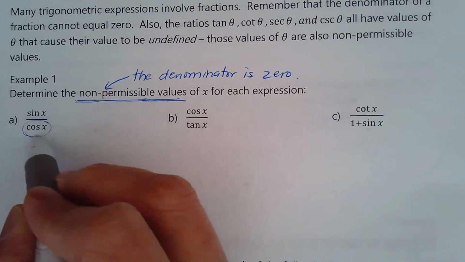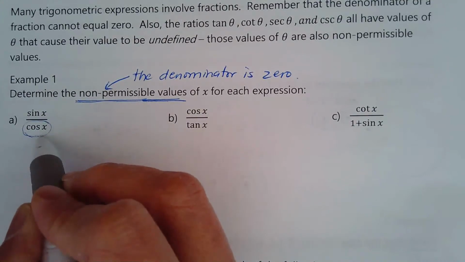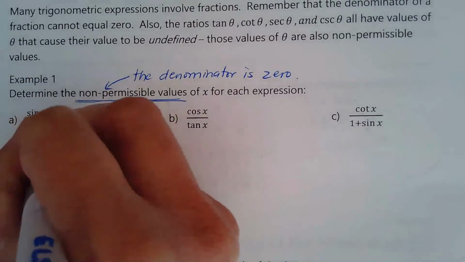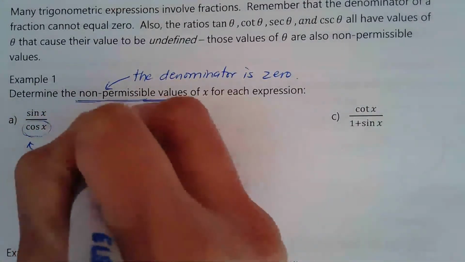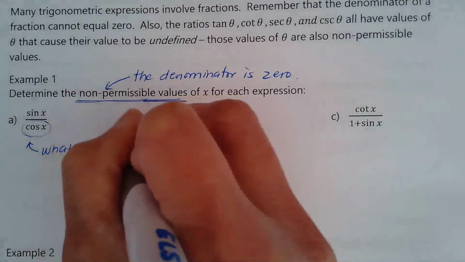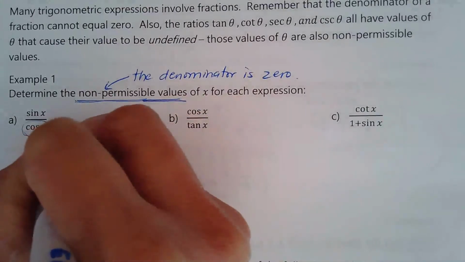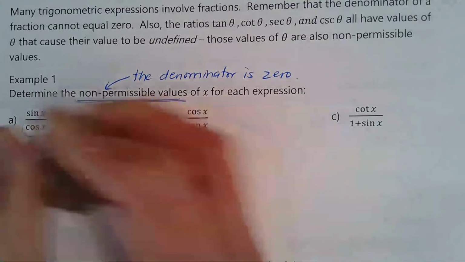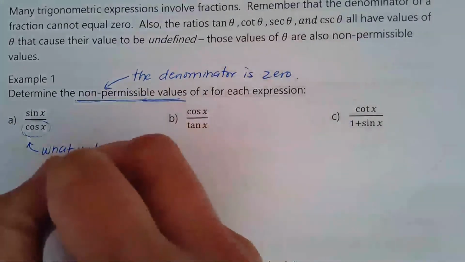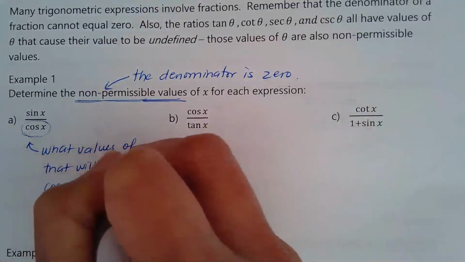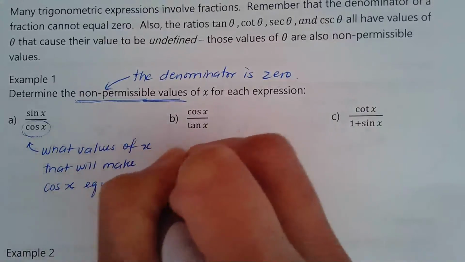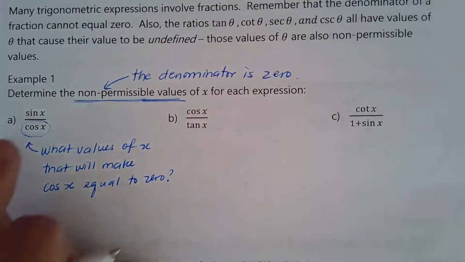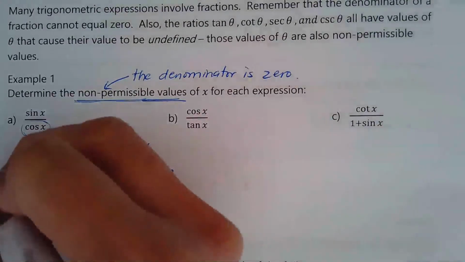What are the values of x that will make the cosine of x equal to 0? That's what we're trying to figure out. So where is cosine 0?